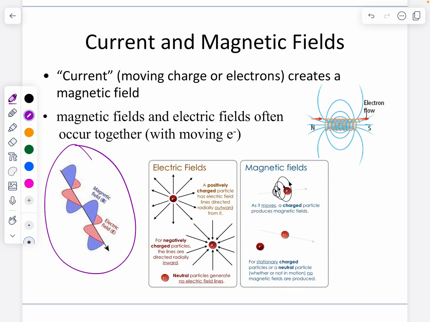One is focusing on the magnetic field and the other is focusing on the electric field. So our electromagnetic waves, including light, have both electric and magnetic properties. Because we naturally have this relationship between the two, we can often talk about electric currents and magnets in conjunction with each other, okay?